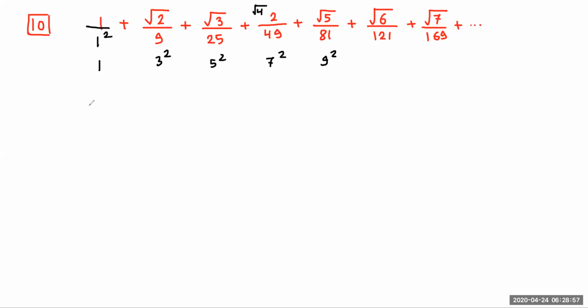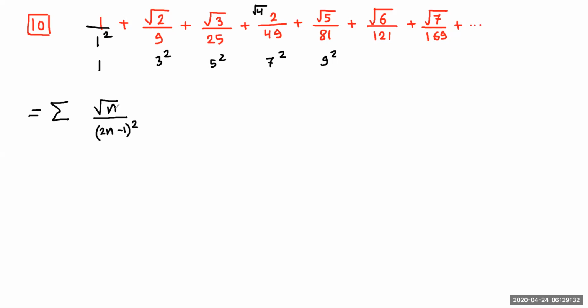So if I take 1 up, 1 down, root 2, and here 3 is the second odd number. Root 3, third odd number. Root 4, the fourth odd number, etc. So I have here root n, so it's sigma root n over the odd number n, it's 2n minus 1 power 2.